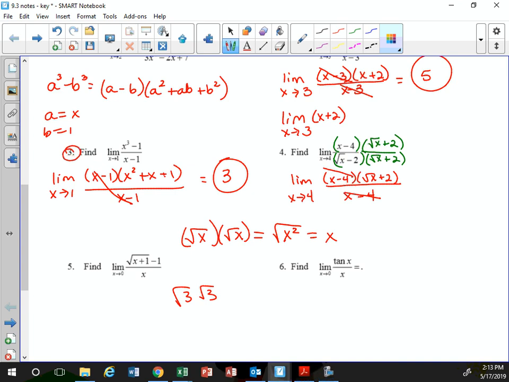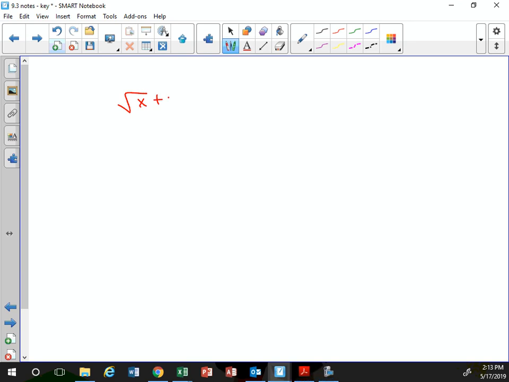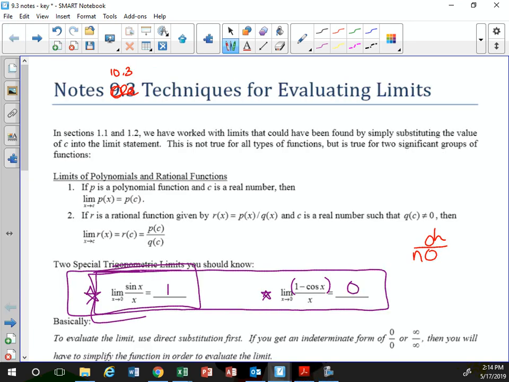It's not square root of 2 times square root of 2. Okay, let me make more room. Square root of x times square root of x is x, right? Okay. Oh, well, that's easy. Okay, we're good.